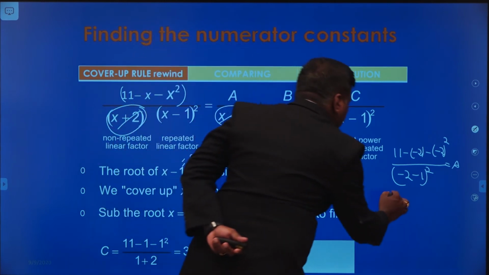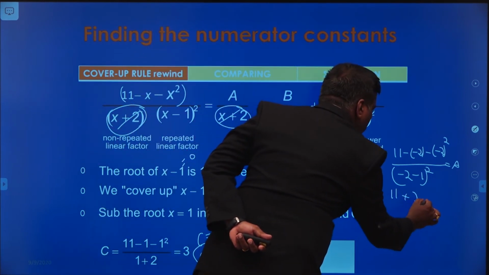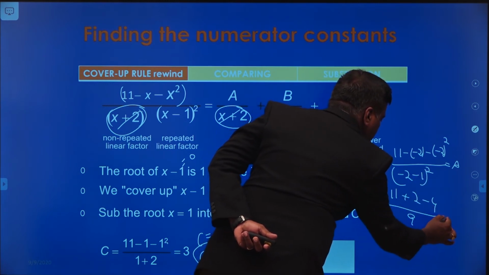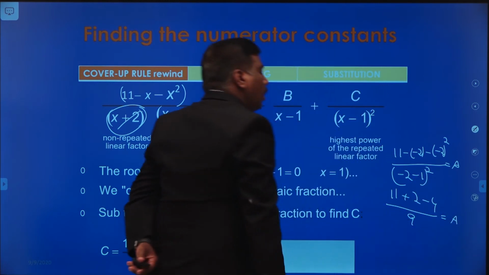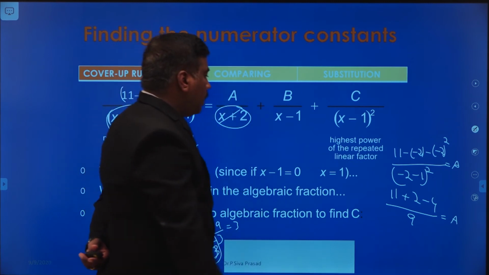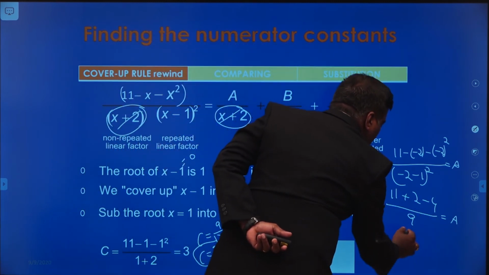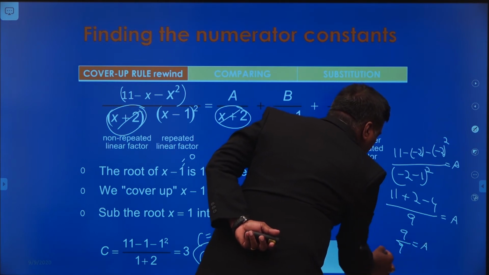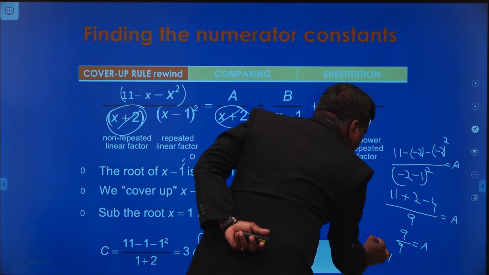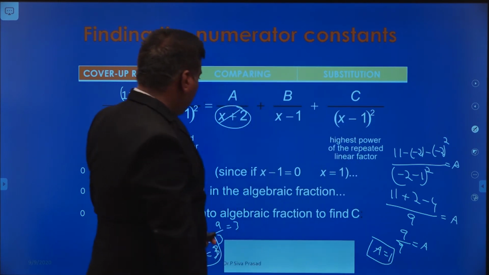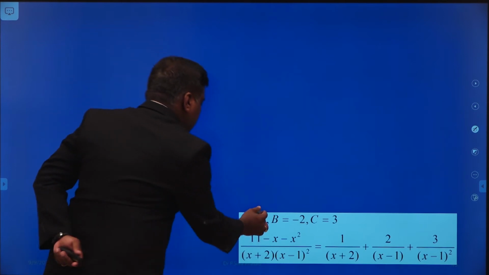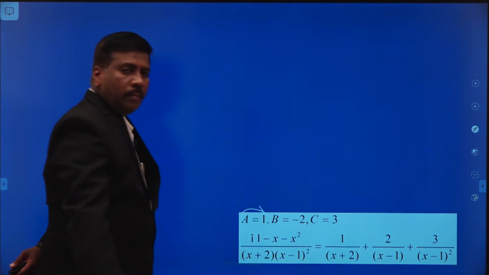Now this is 11 plus 2 minus 4 by minus 3 whole square, that is 9, equal to A. Now this value is 13 minus 4, that means 9 by 9. Therefore A equal to 1. So please say this: A equal to 1.